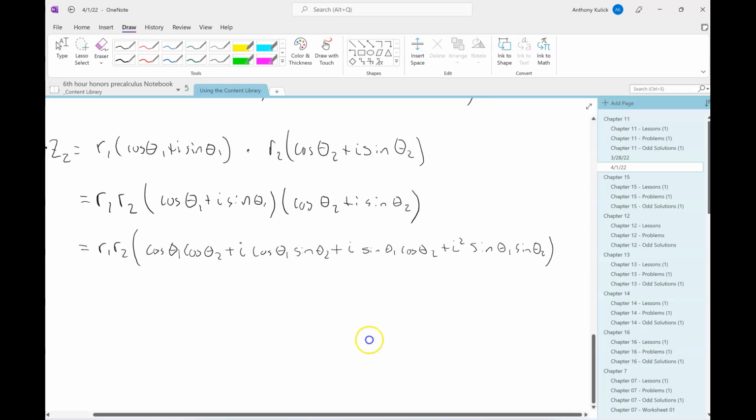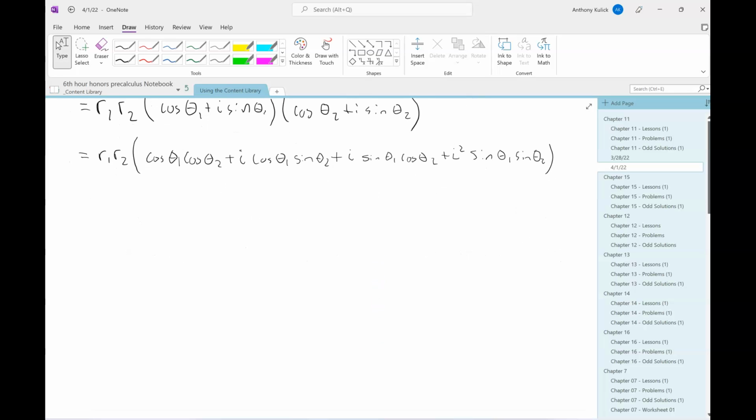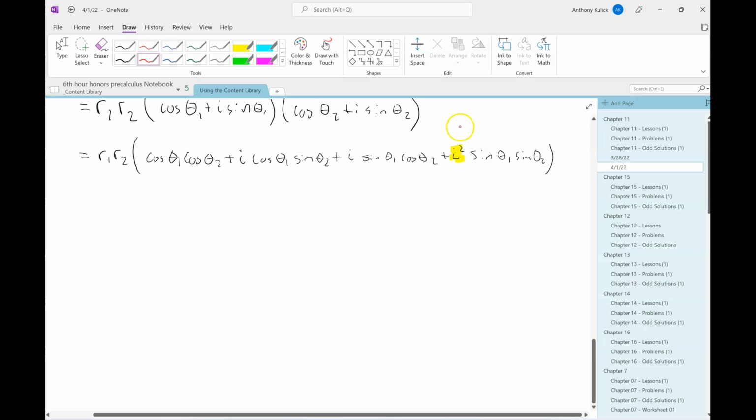And remember, we got an I squared here, so what's I squared? Negative 1.